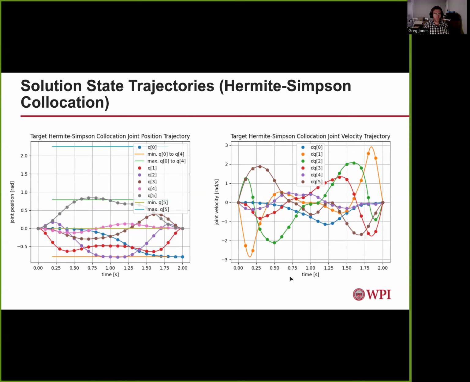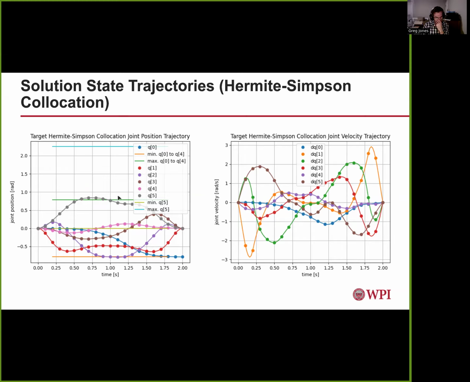Okay, and then for Hermite Simpson, these are the state trajectories, and the solution state trajectory.